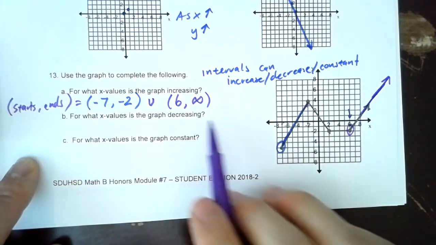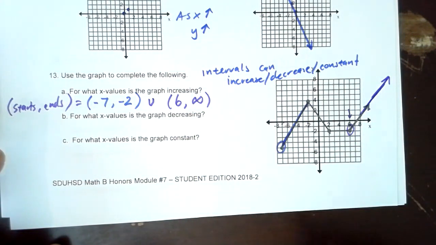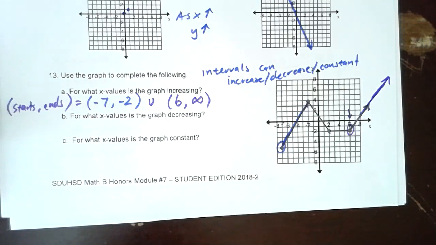You can't touch infinity, and that's exactly why we use parentheses. Later on, we'll learn about using brackets, and brackets are kind of like the less than or greater than or equal to sign. It's when you can include the value. But right now, for intervals of increase and intervals of decrease, we're just using parentheses.